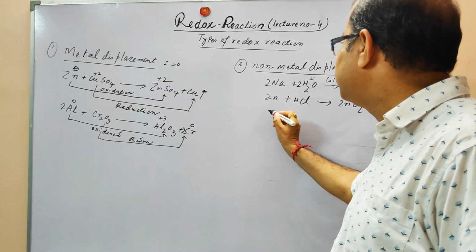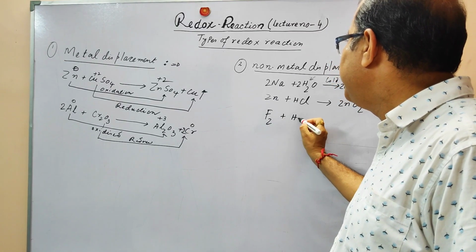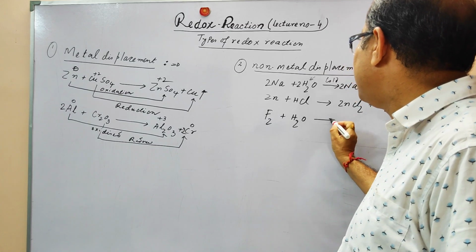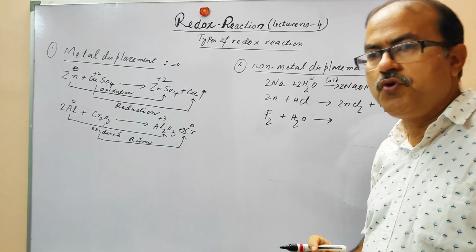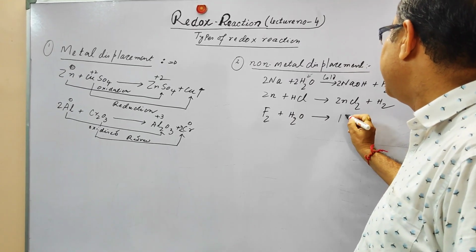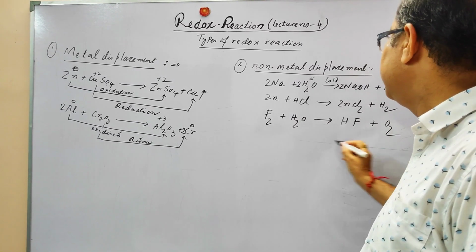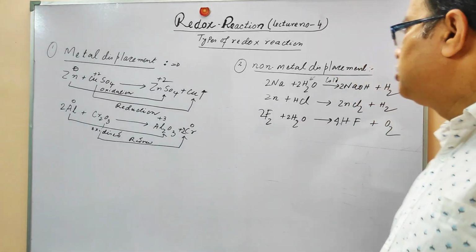Another displacement reaction that is very important to show is fluorine displacing oxygen. Fluorine will displace oxygen from the H2O, and it will give HF and oxygen. So this is the balanced equation.